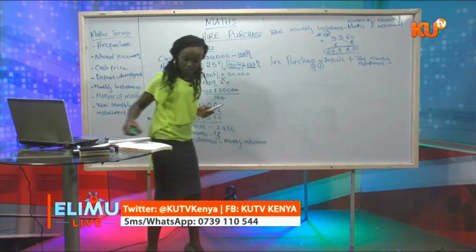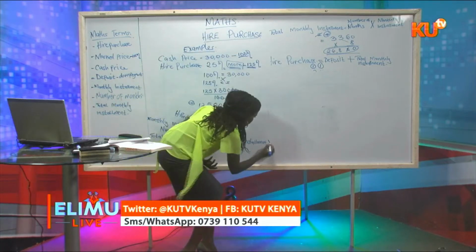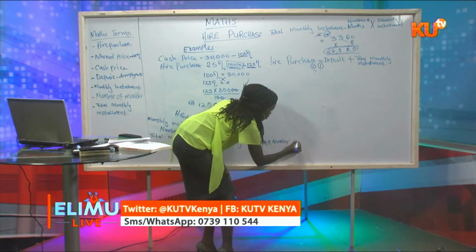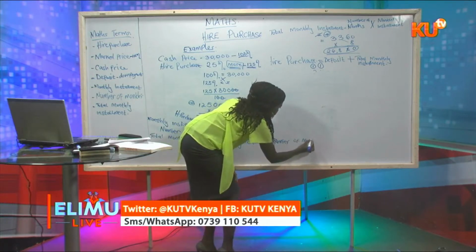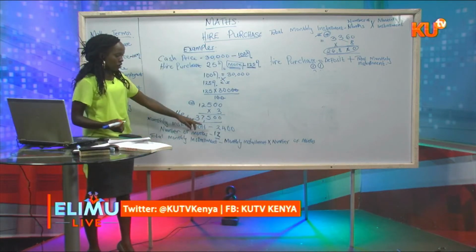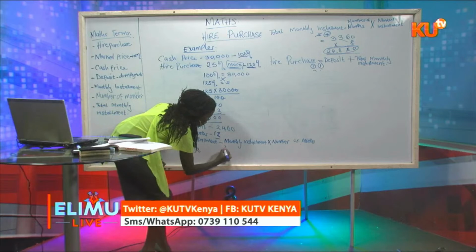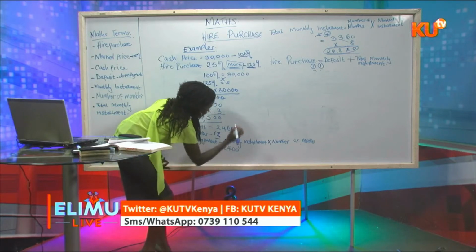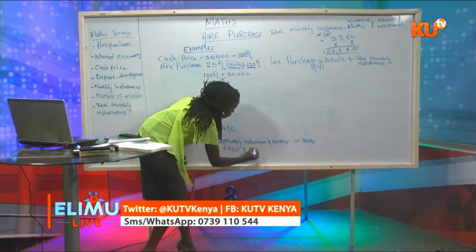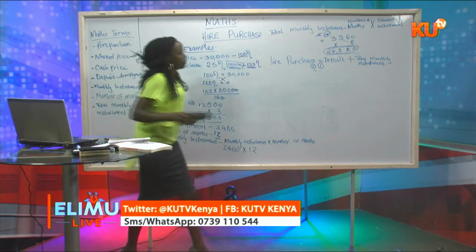The monthly installment was 2,400. So you take 2,400 multiplied by the number of months. A year has 12 months, so times 12.